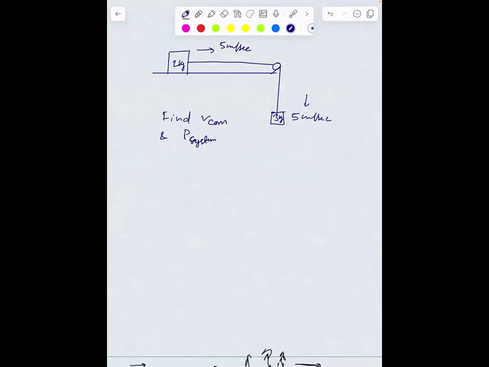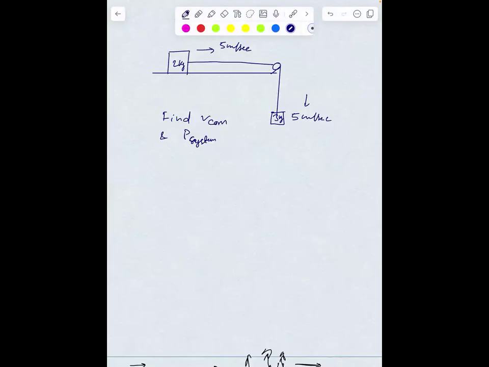Sir, root 13 meters per second. Magnitude, I'm not asking. I'm asking the actual value. So what value? I know most of you have confusion in direction, and that's why you made a mistake. Sir, 10 I cap plus 15 J cap.